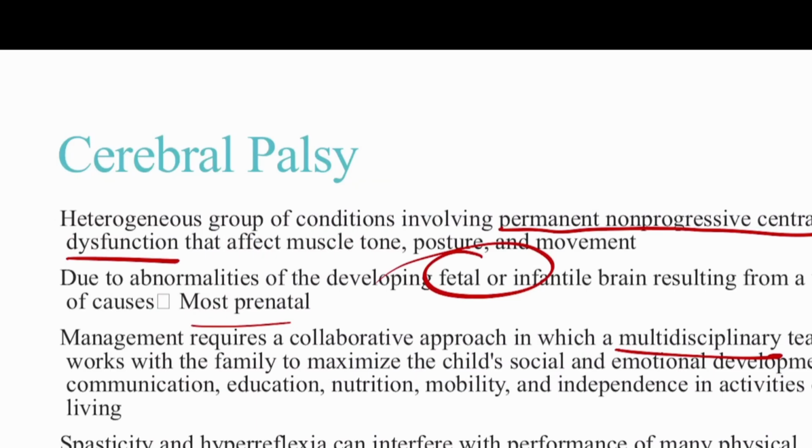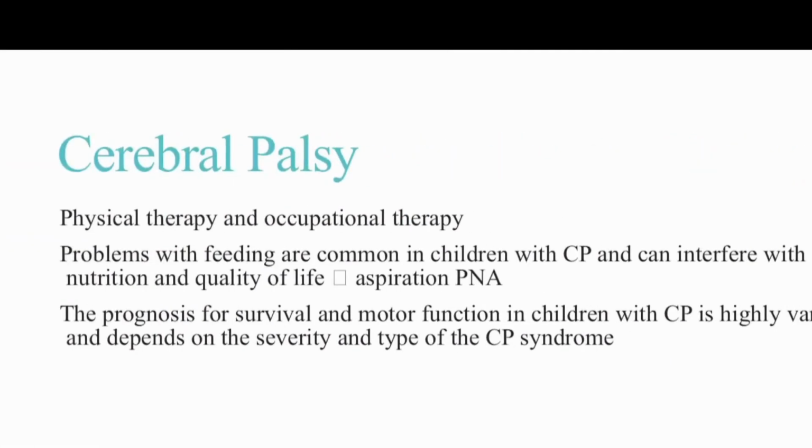They get spasticity, hyperreflexia, which can interfere with performance. So you can give them Botox in this case. You give them the botulinum toxin to stop the muscle from working, and that helps reduce their spasticity and the hyperreflexia. Obviously, these are the mainstays of treatment, PT, OT for these patients.